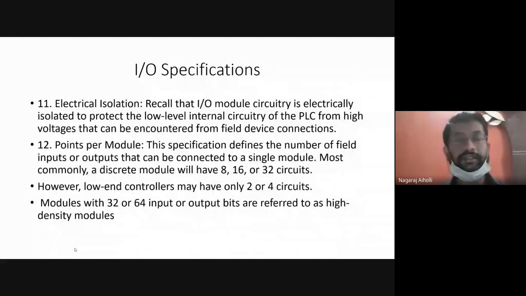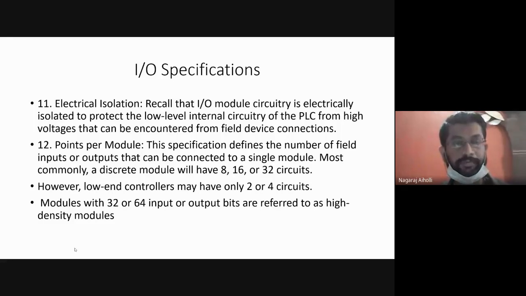Now this optical isolator circuit separates the PLC circuit from the input circuit. On one side there is a power supply circuit, on the other side there is a logic circuit or the PLC circuit. The separation between the power supply circuit and the PLC circuit is provided by this optical coupler, or optocoupler.